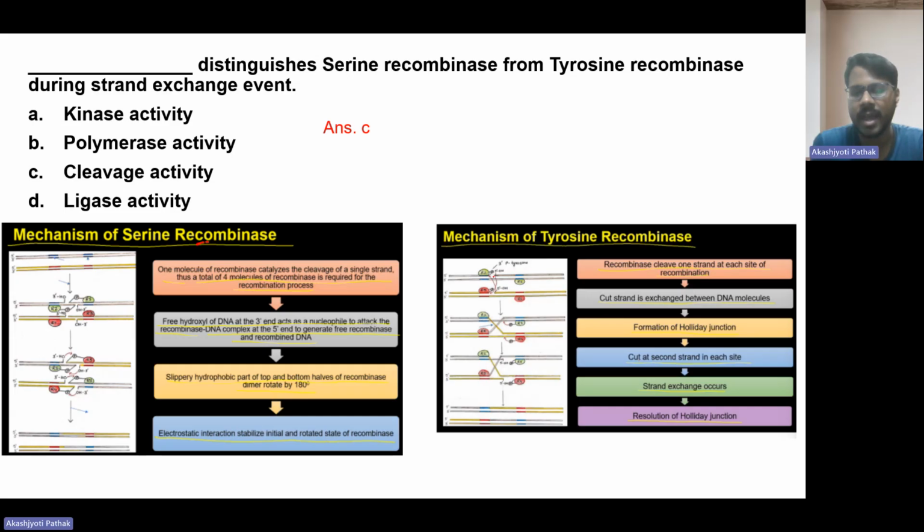So first, at one time, only one of the DNA strands is cleaved, and after they have been rejoined, then the second strand is broken, and similarly, this is also recombined with the formation of the Holliday junction. And after this, the Holliday junction is resolved.